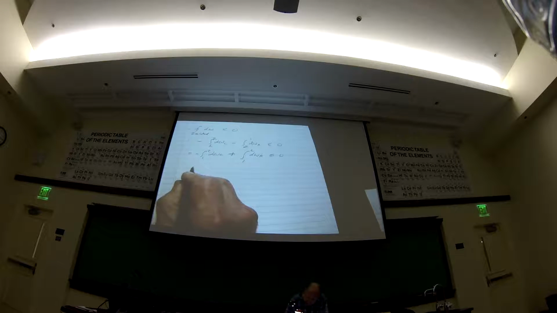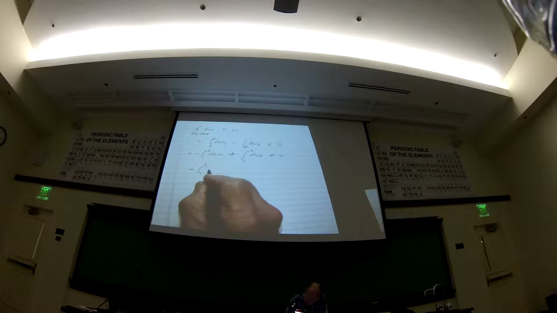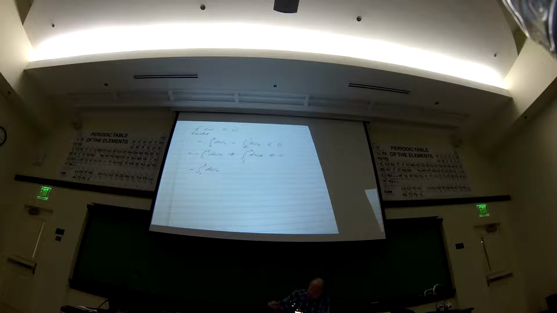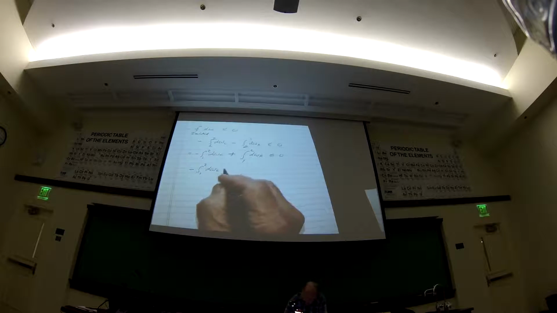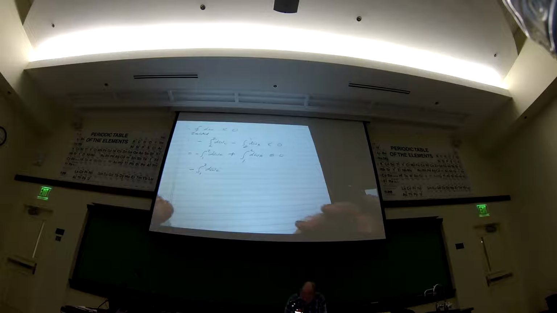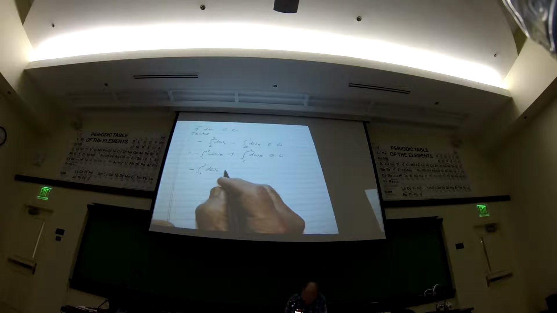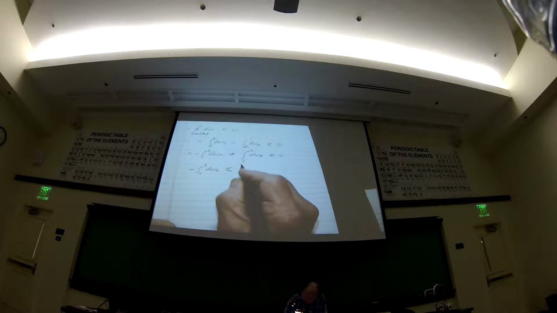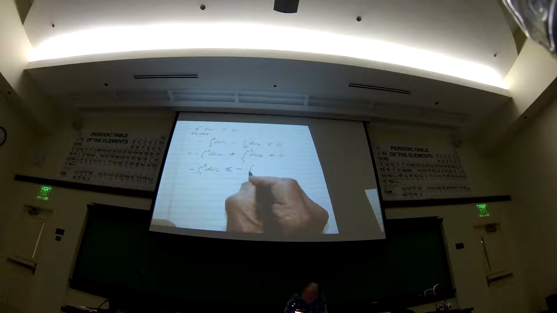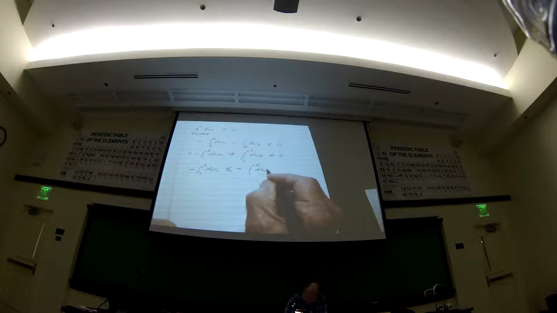Now we can move some stuff around. Minus the integral from state 1 to state 2 of dWc, that's going on along path C. This is how much work is done in the surroundings. If you follow path C, it changes the state, we didn't specify what it was, and we would say that's less than minus the integral from 1 to 2 of dWr.